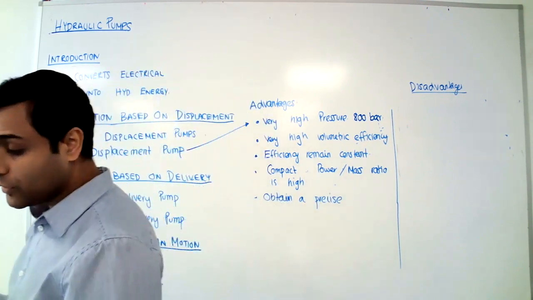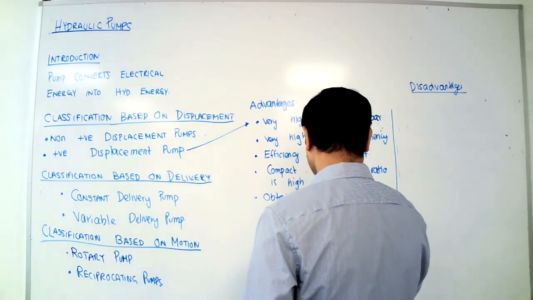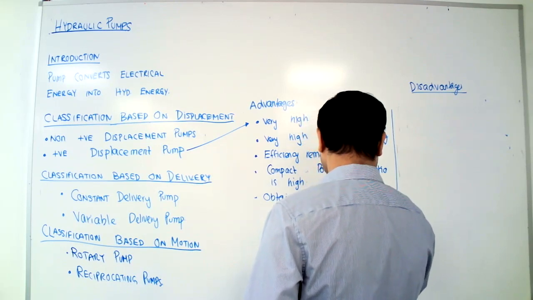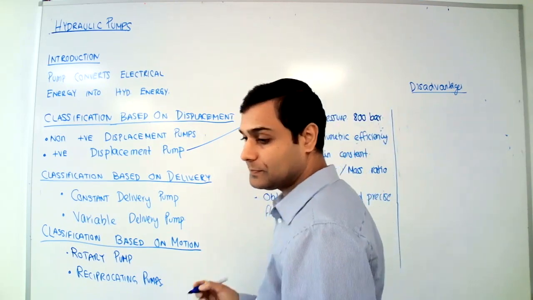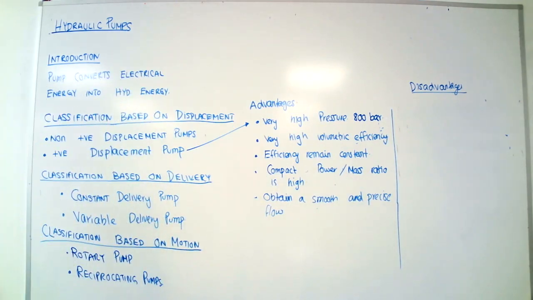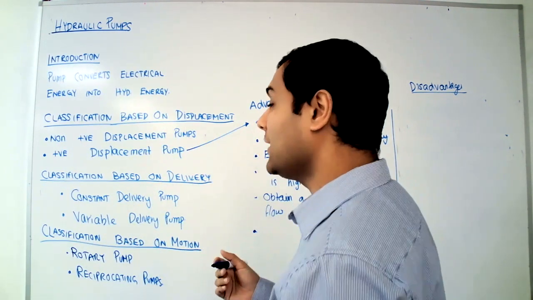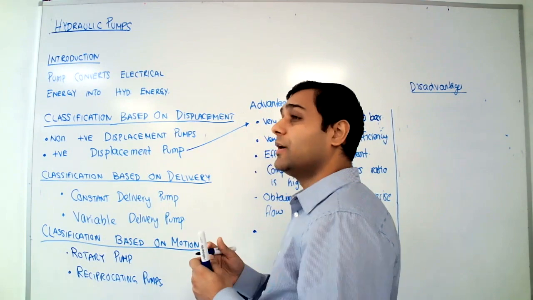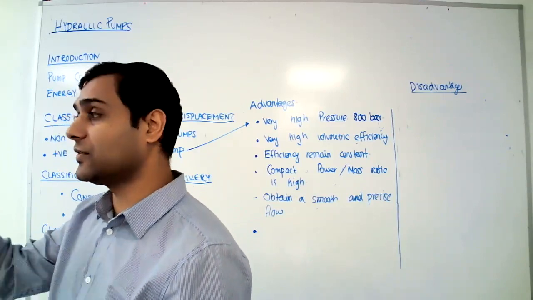Because they are so good, they can provide smooth and precise flow, or smooth and precise control of motion. They can be designed, or programmed, to transfer only a certain amount of fluid. If you only want 10 liters of fluid, you can program it to transfer just 10 liters.